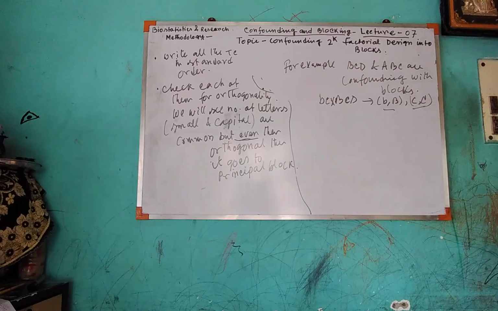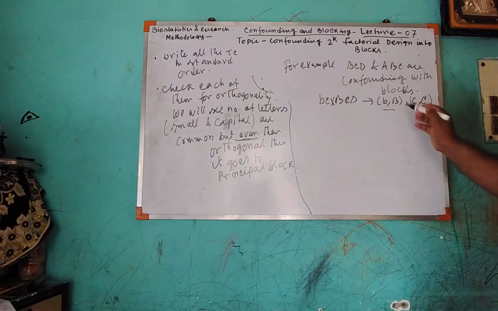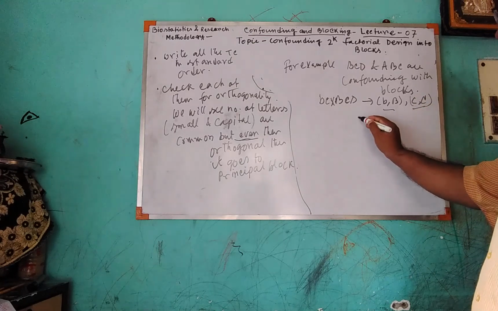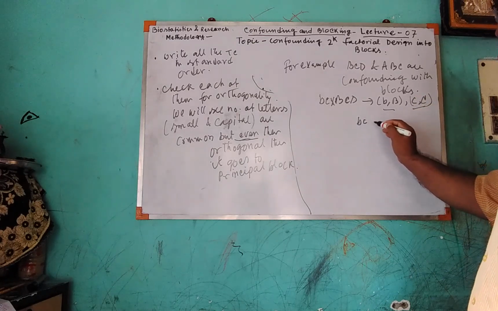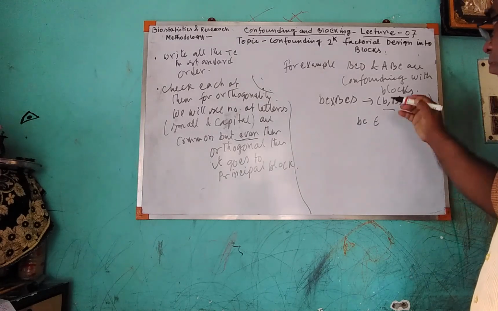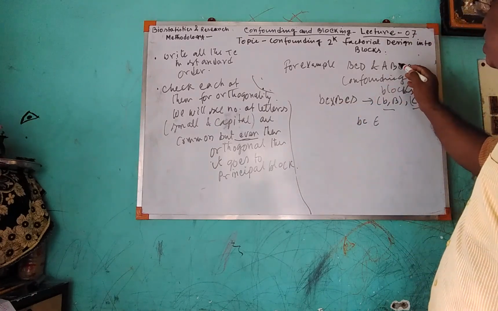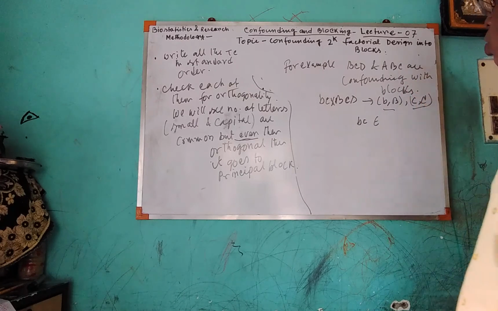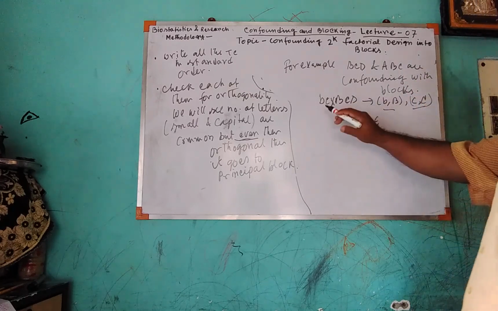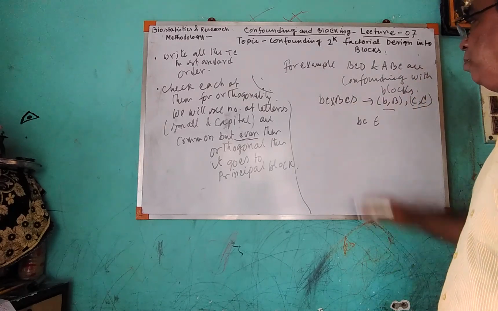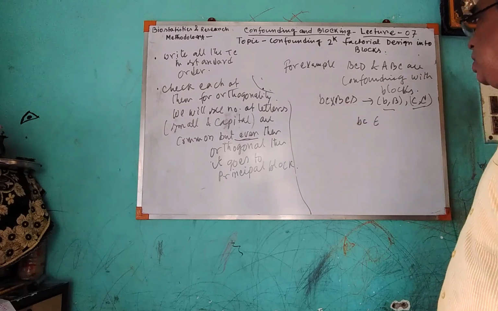So an even number of letters are common. So we can say BC belongs to the principal block, but you have to check whether BC is orthogonal to ABC as well. Here BC is orthogonal to BCD.